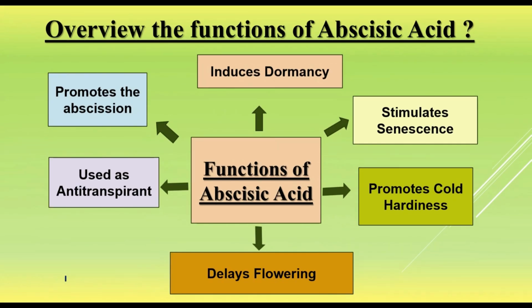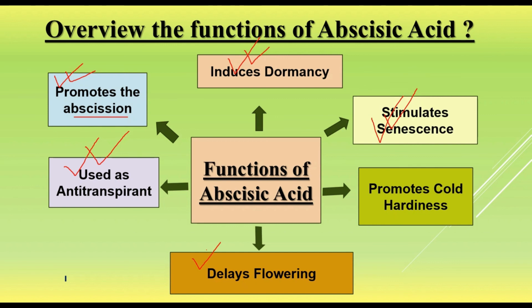Now we have come to the end of this video. In a nutshell, what can we say? The functions of abscisic acid: it stimulates senescence, that is the aging of plant parts. It promotes falling of the matured or old plant parts, abscission. It acts as an antitranspirant by closing the stomata. It induces dormancy by not allowing the translation of proteins from the RNA.